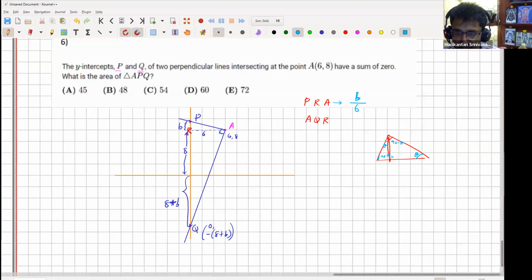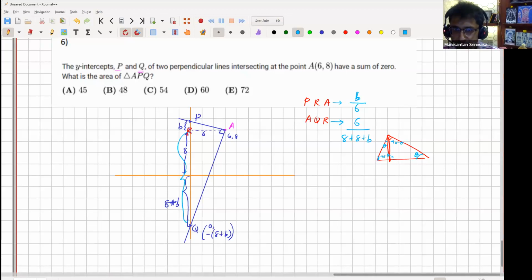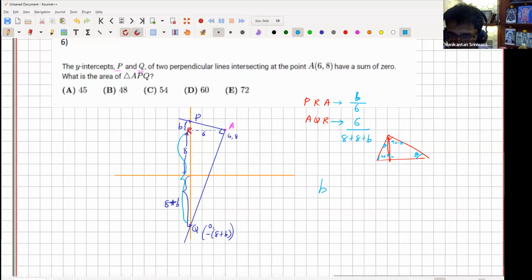Whereas in the triangle AQR, the smallest portion is 6, and the biggest portion is 8 plus 8 plus B. Are you guys able to imagine this? So this whole thing is the medium side of that. So 6 upon 8 plus 8 plus B. And these 2 triangles are similar, which means B upon 6 equals 6 upon 16 plus B.